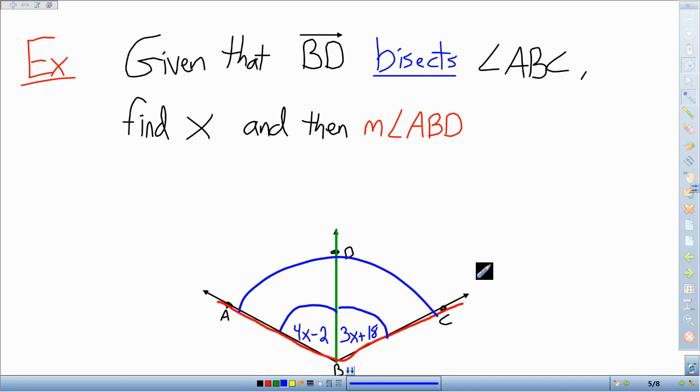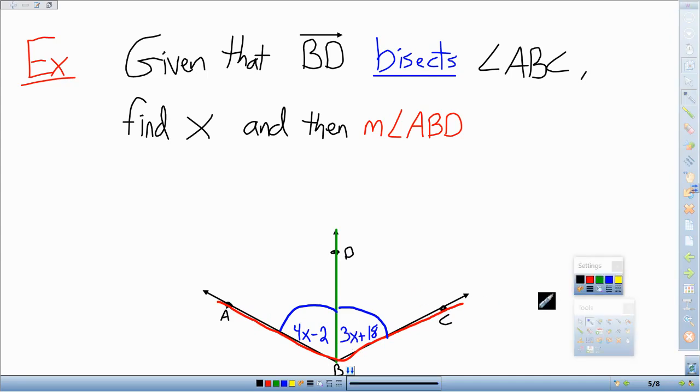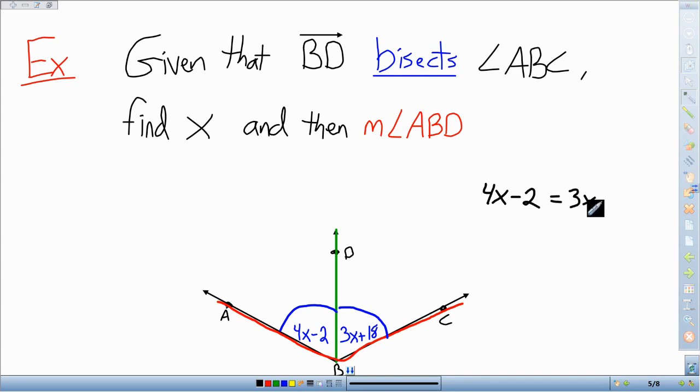They didn't tell us. But what we do know is that this angle equals this angle, and that is our equation. So let's write it out. 4x minus 2, that angle is equal to this angle. Okay, now we have an equation.